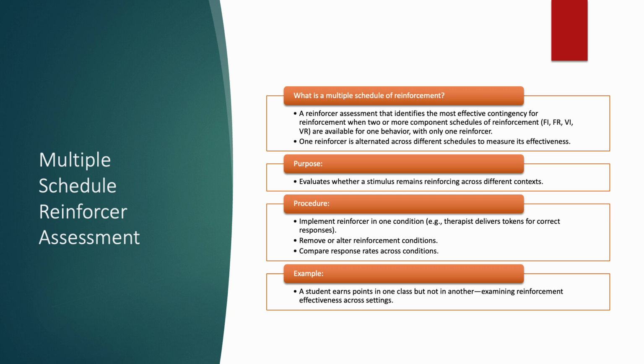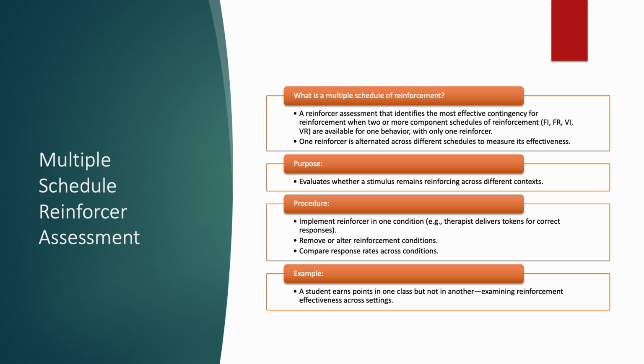Whereas when you do homework with dad, maybe dad doesn't always provide a lot of reinforcement. So you're on a different schedule of reinforcement. The behavior is exactly the same, but the schedule of reinforcement is different. Or you could look at something different. You could look at completing a task at school versus completing a task at home.